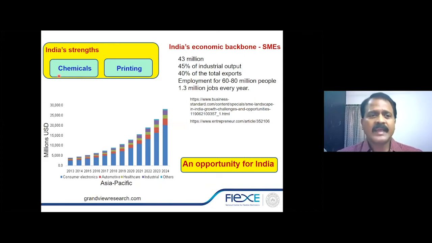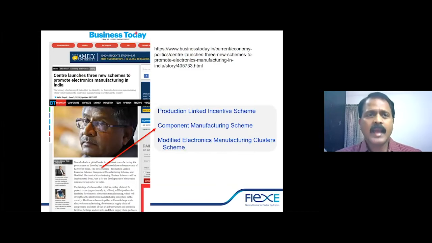While we are talking of these inherent strengths, let us look at some of the things which have been happening recently. I have a snapshot of a newspaper, Business Today, a news item from June 3rd, 2020. What it mentions here is that the government of India, through the Ministry of Electronics and Information Technology, has announced 3 schemes: the production-linked incentive scheme, the component manufacturing scheme, and the modified electronics manufacturing cluster scheme, totaling about rupees 50,000 crores.